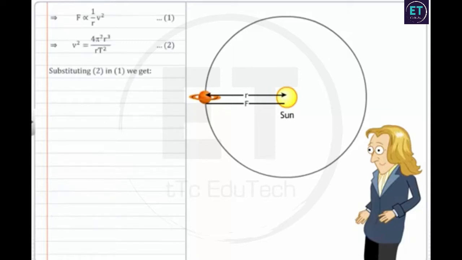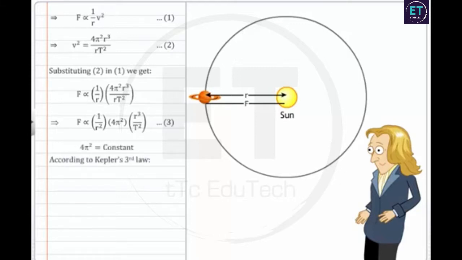Substituting equation 2 in equation 1 and simplifying, we get equation 3. In equation 3, 4 pi square is a constant. According to Kepler's third law, r cube divided by T square is also constant. Therefore, we can eliminate these constants from the relationship.